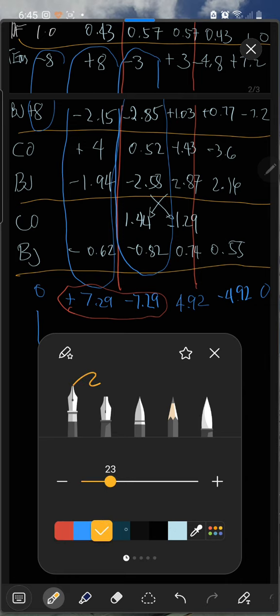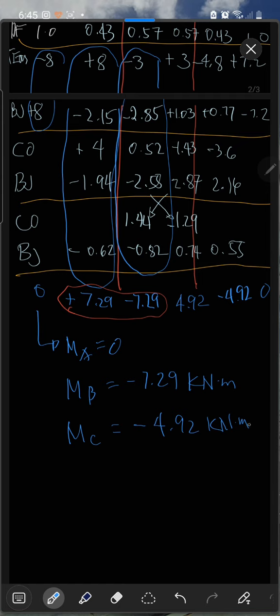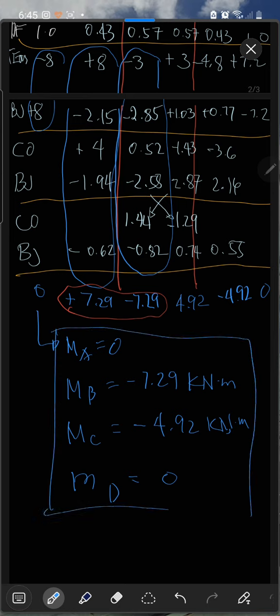So that is, moment at B is negative 7.29 kilonewton meter. Moment at C, mag-prevail ang negative, so negative 4.92 kilonewton meter. Then moment at D is 0. Okay, so mao na siya yung mga answers.